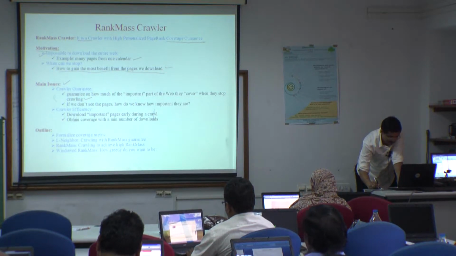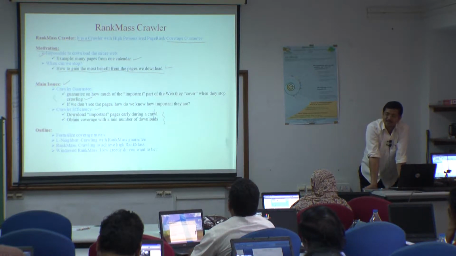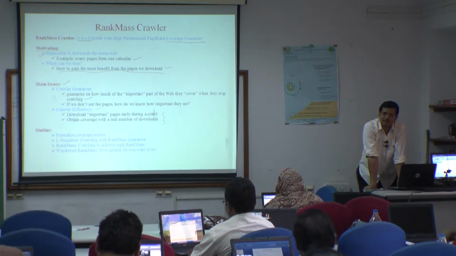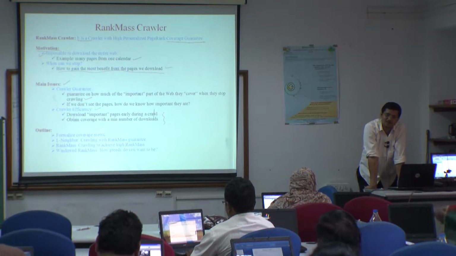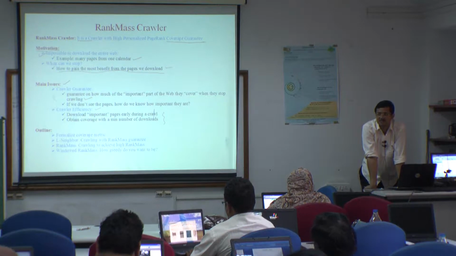The second most important motivation point is crawler efficiency: download the important pages early during the crawl and obtain the coverage with a minimum number of downloads. These are the goals, and they are still open problems to solve. If you have to develop a small scale search engine, how do you download a minimum number of very useful pages through a crawler?